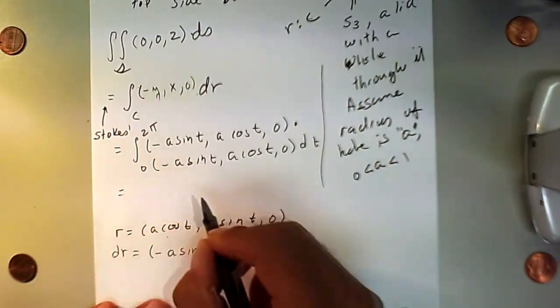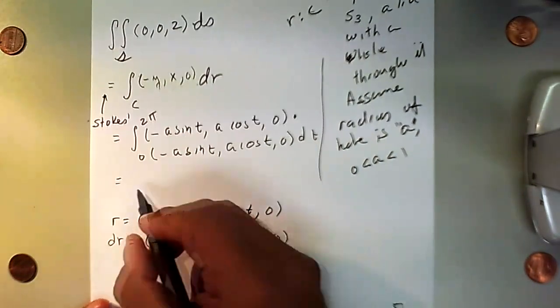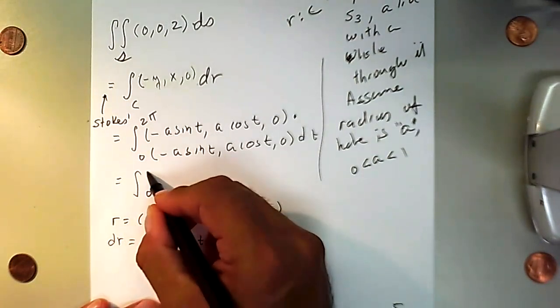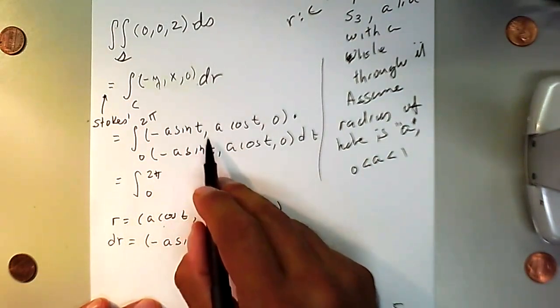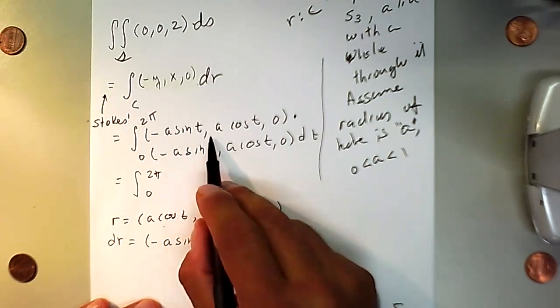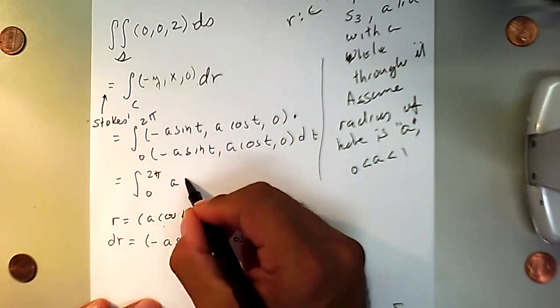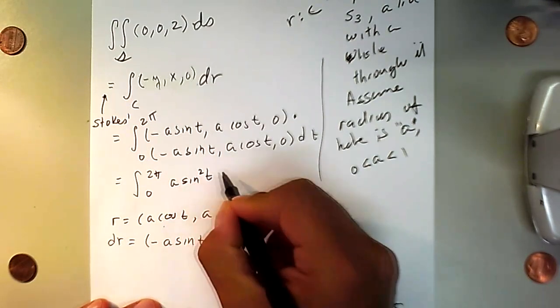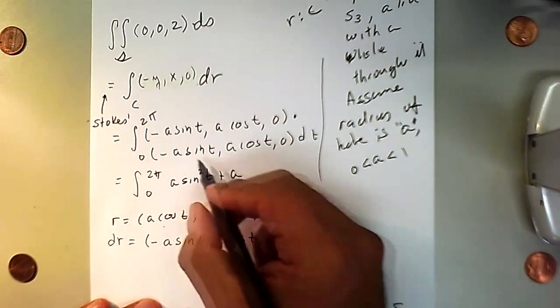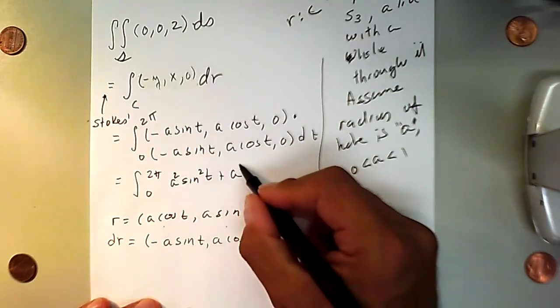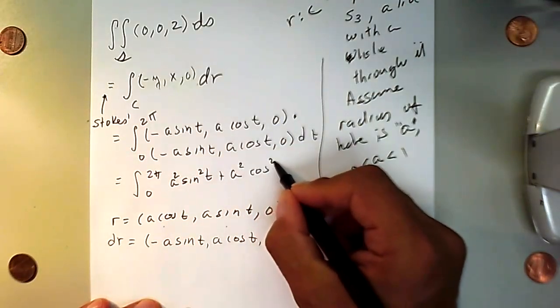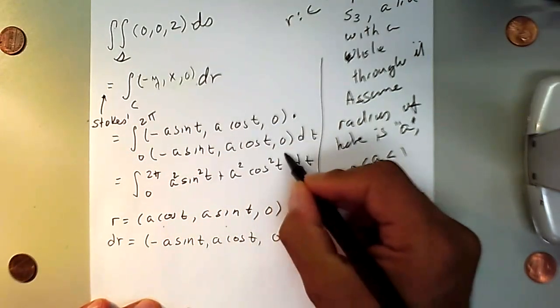And that's, of course, going to give us, I miscalculated, I needed more space, the integral from 0 to 2 pi of, well, that's going to be a squared sine squared t plus a squared cosine squared t dt.